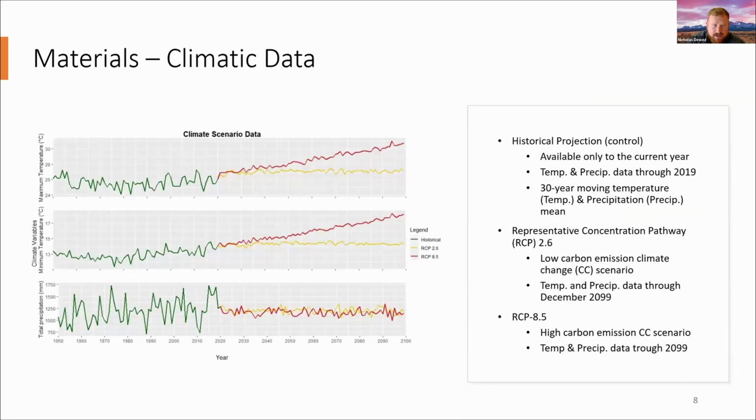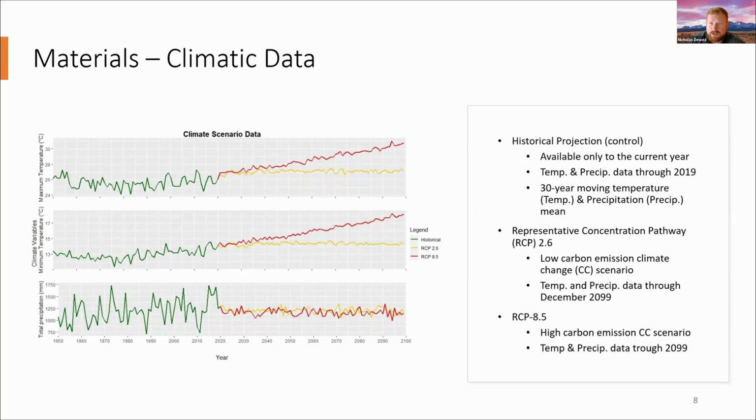Data for these climate change scenarios was obtained from PRISM at Oregon State and from the Coupled Model Intercomparison Project Phase 5, which was available for the 80 years of the study. Temperature and precipitation data were only available to the current year, however.